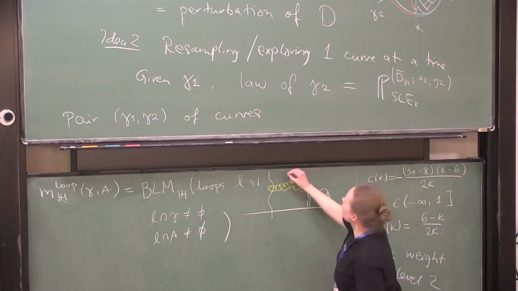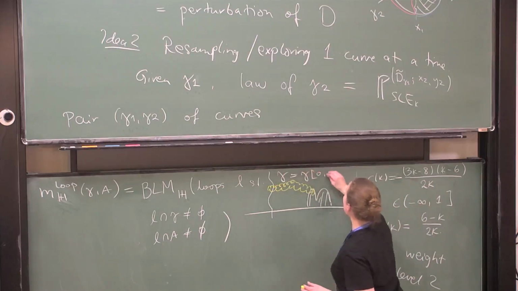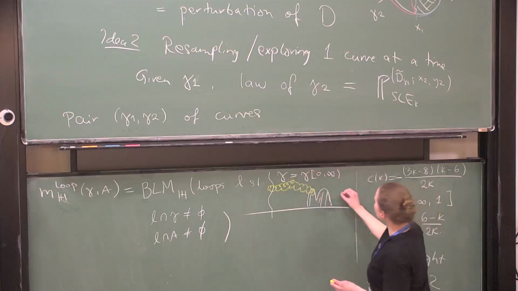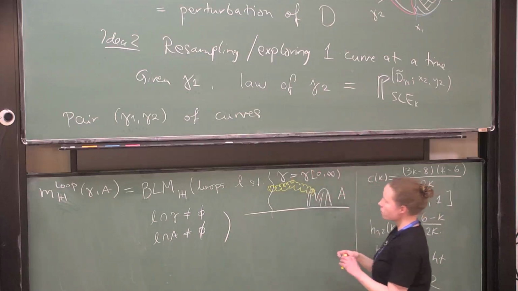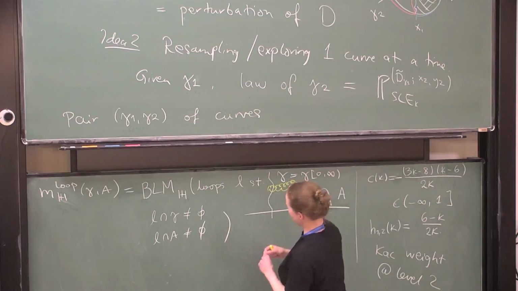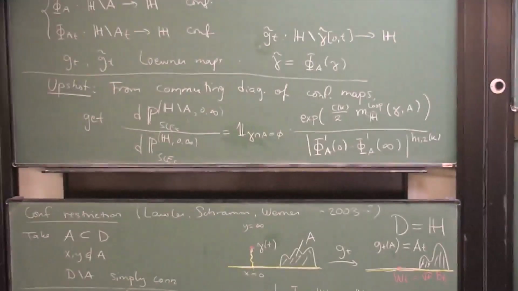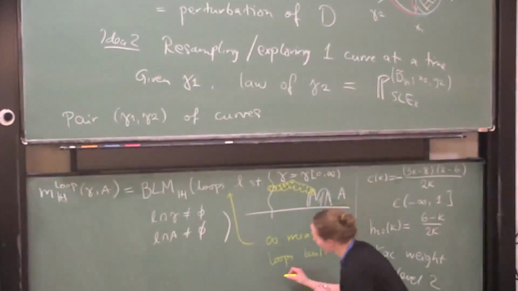And here I need the curve really for all times, so I'm kind of drawing it all the way to infinity, and this is the A. Okay, so this is some infinite measure on loops built from 2D Brownian motion.